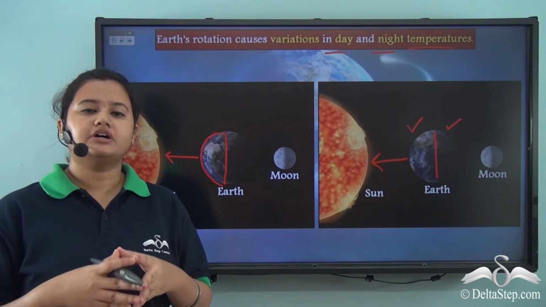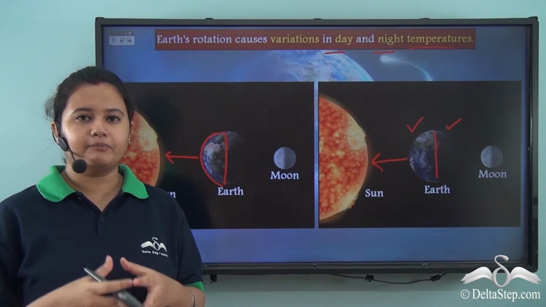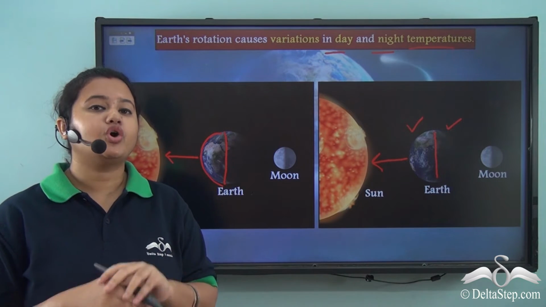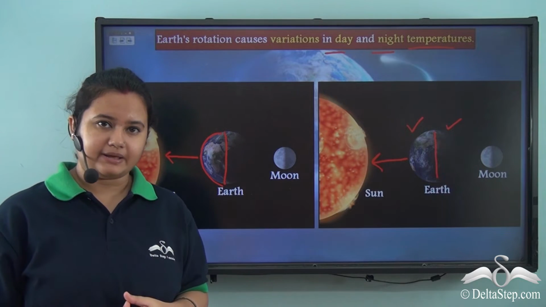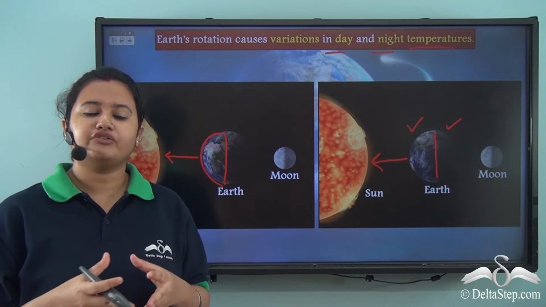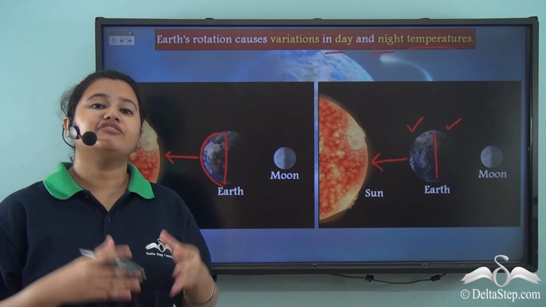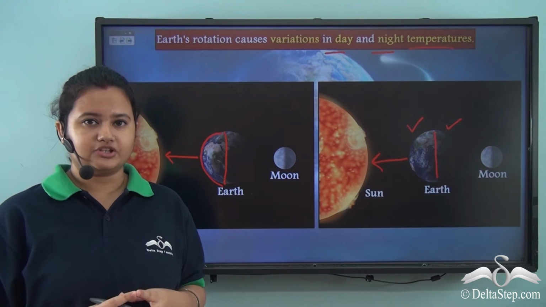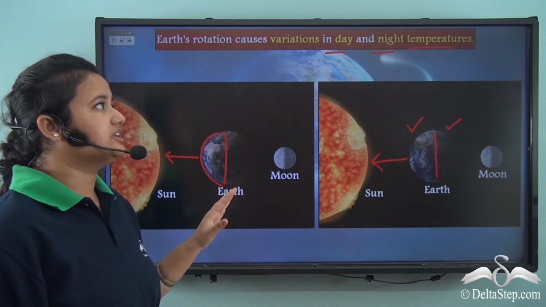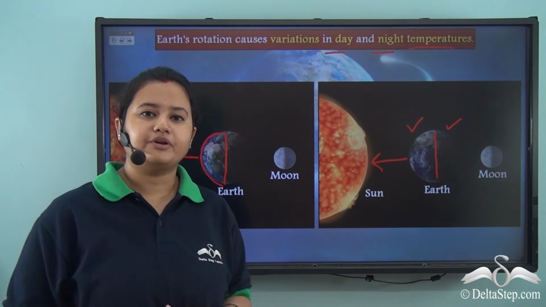But if our earth were a static body, then a particular part of the earth would always have day and high temperature, while the other side of the earth that is turned away from the sun would always have night and low temperature. Thus, earth's rotation causes variation in day and night temperatures.